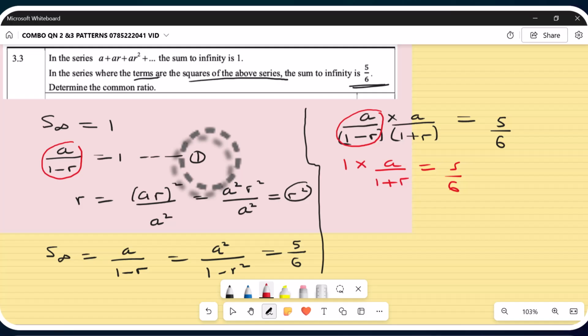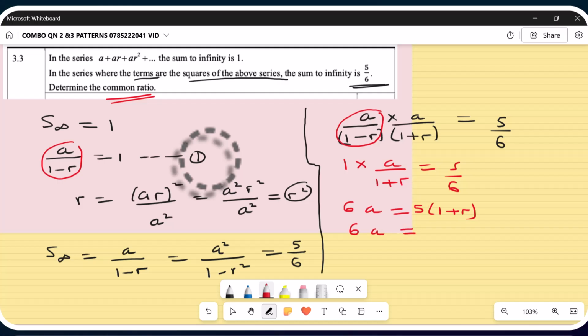Collect like terms here. I can say that the 5 over 6r plus my r after crossing equals 1 minus 5 over 6. Now simplifying, it's going to be 5 over 6r plus 6 over 6r equals 6 over 6 minus 5 over 6.